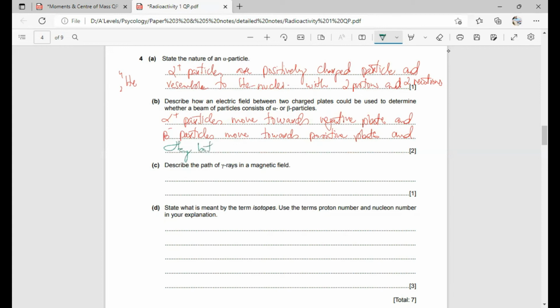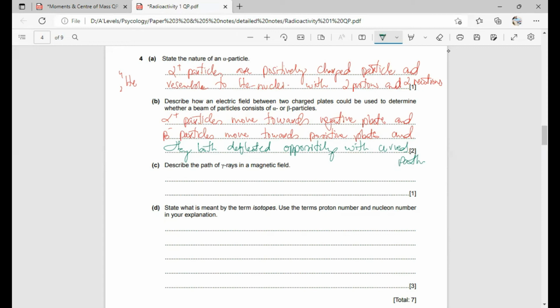And they are both deflected oppositely with a curved path.